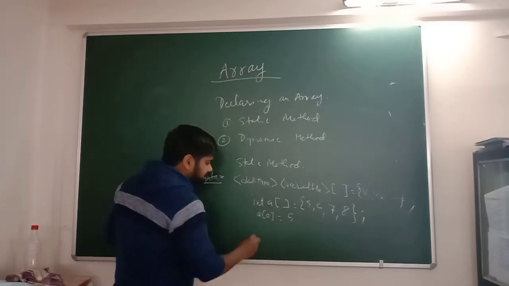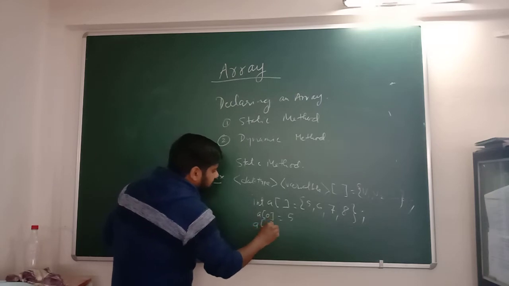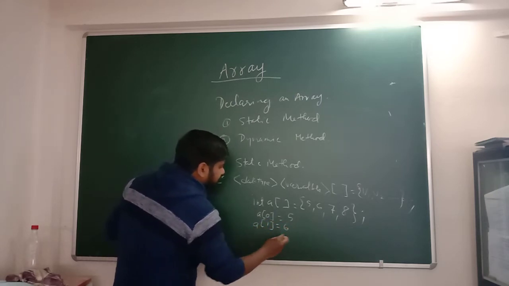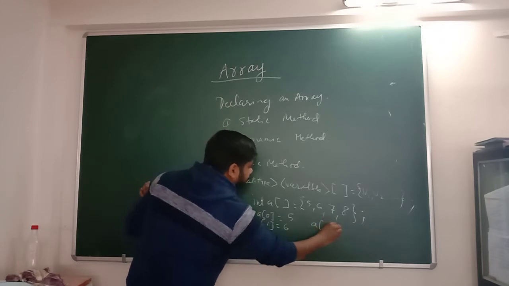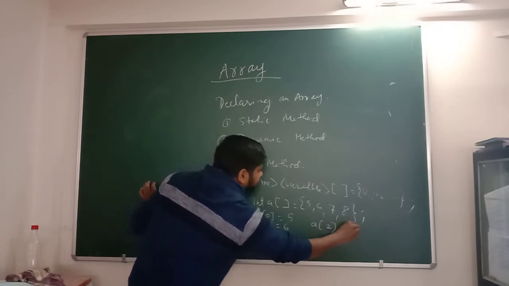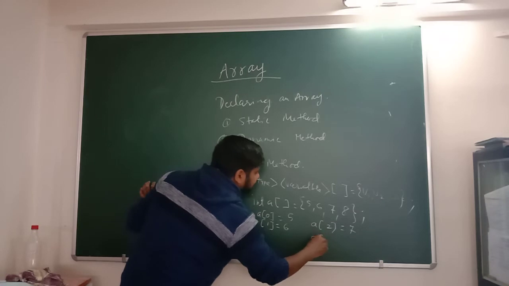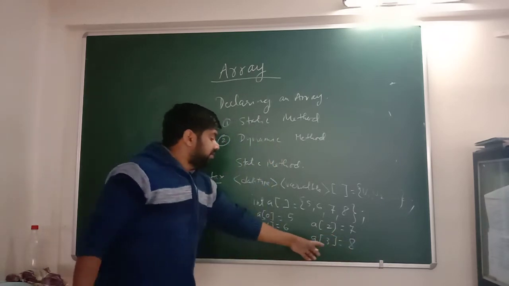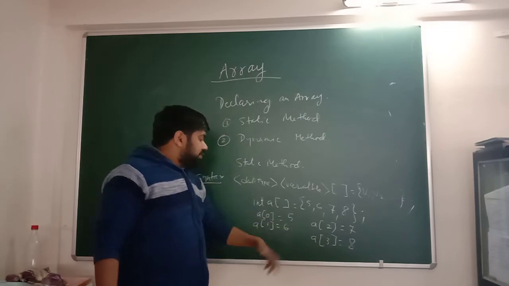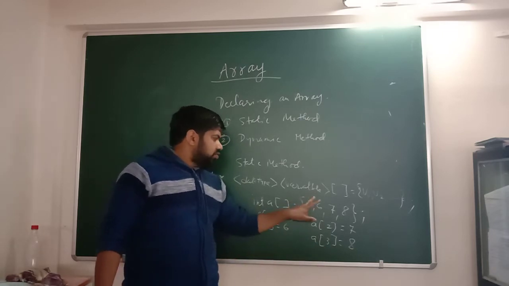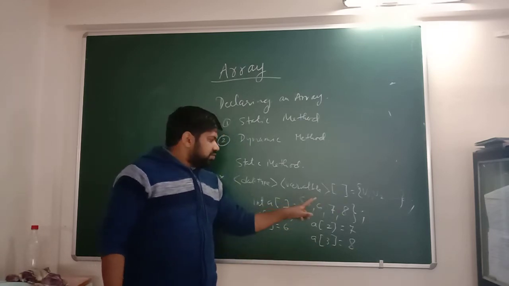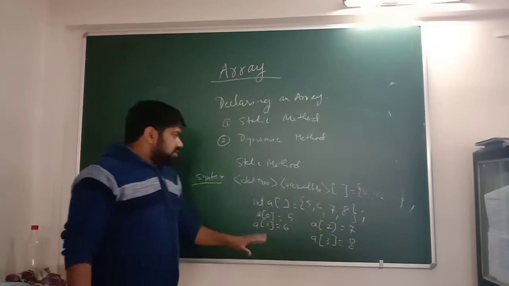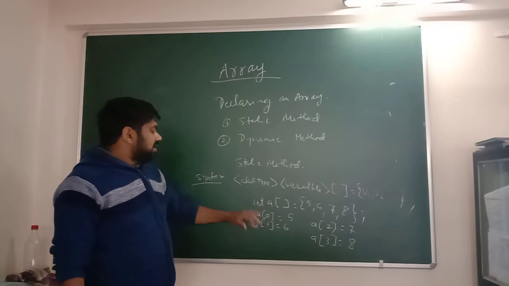We have 5. In the first position we have 6. In the second position we have 7, and at the last, the 3 position, we have 8. Don't get confused why 8 is at 3, because as I said it starts with 0. We count 1, 2, 3, 4, but the index starts with 0, so 0, 1, 2, 3, and the last one is 8.